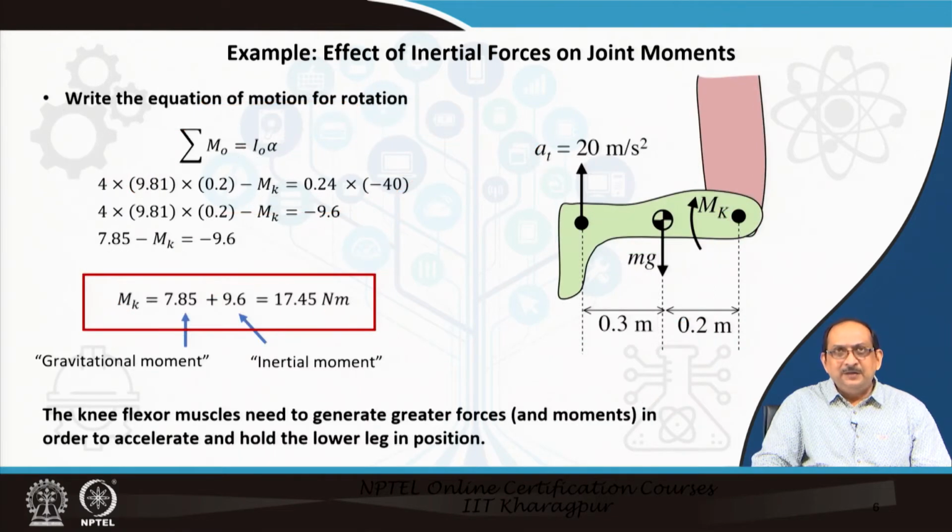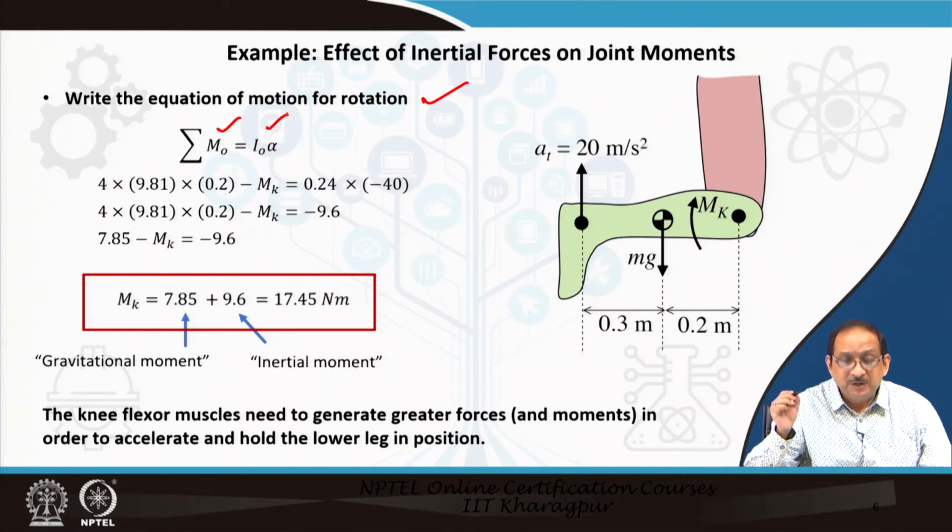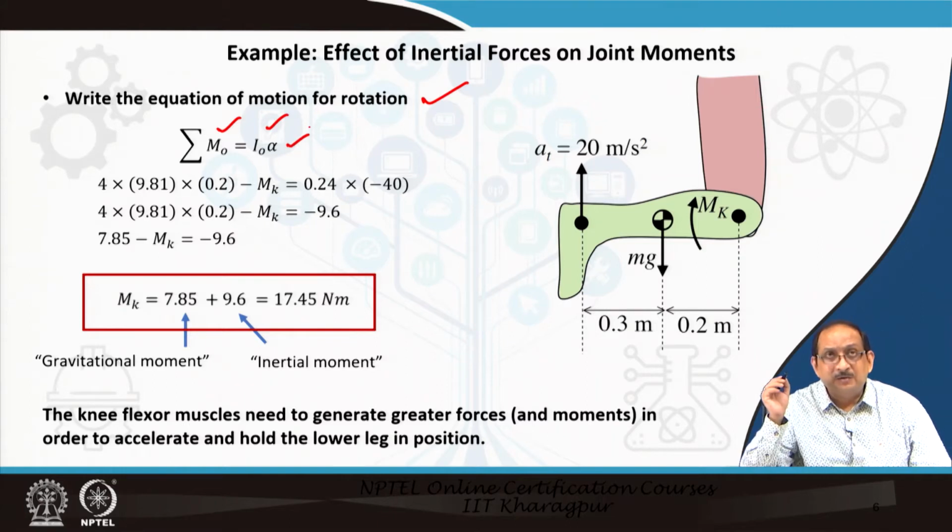Now, let us write the equation of motion for rotation for this problem. The summation of the moments about the knee joint center O is equal to the moment of inertia about that point O multiplied by the angular acceleration.